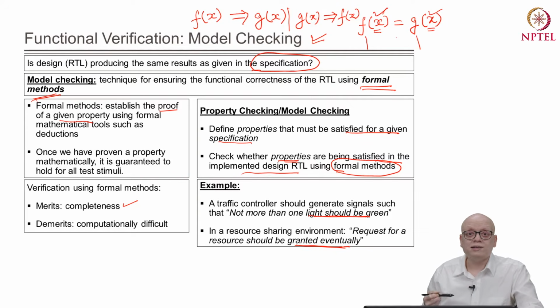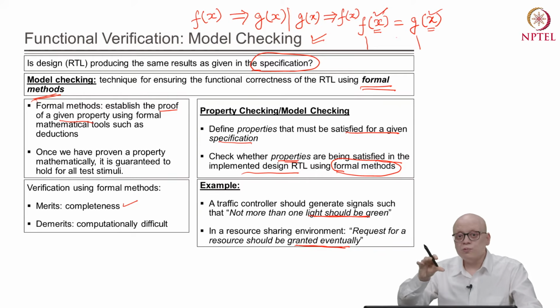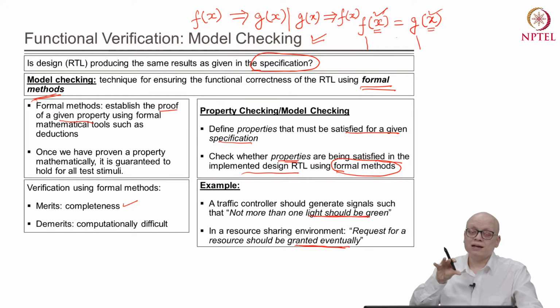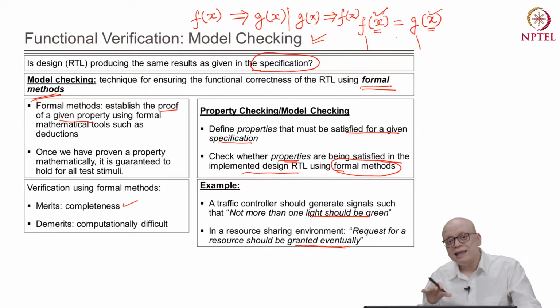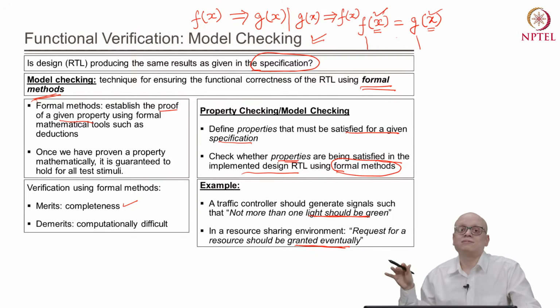Now, for a given design or specification, we can extract important properties which must be satisfied by that RTL model or our design, specify them, and give them to the model checking tool, and that tool will try to prove whether the given property is true for all cases, right.